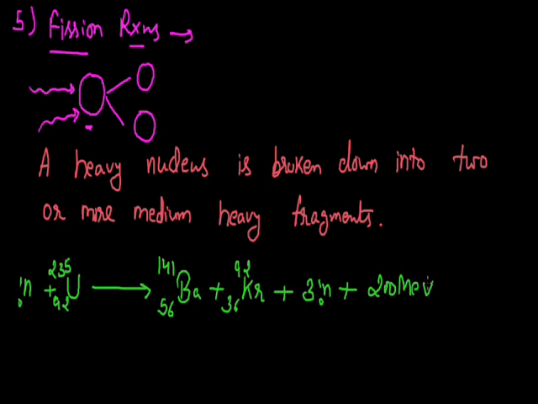So this is about the nuclear fission reaction, and after reading through these kinds of nuclear reactions, we will be dealing with nuclear fission and fusion reactions in detail. Since nuclear fission results in the release of a large amount of energy, these nuclear fission reactions are used in nuclear power plants, and in the formation of the atomic bomb.